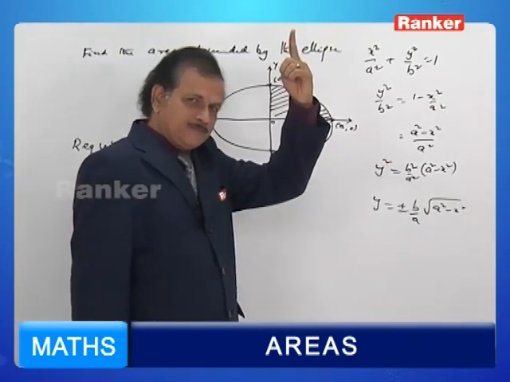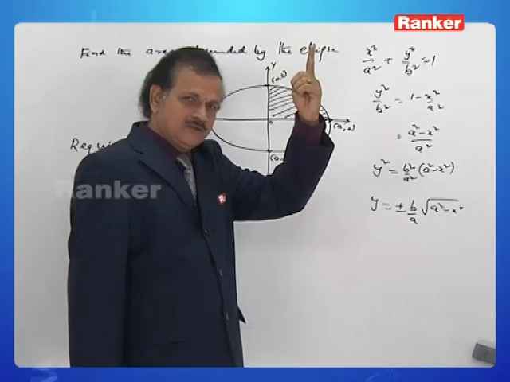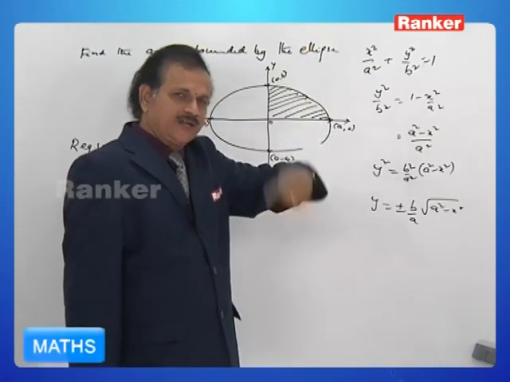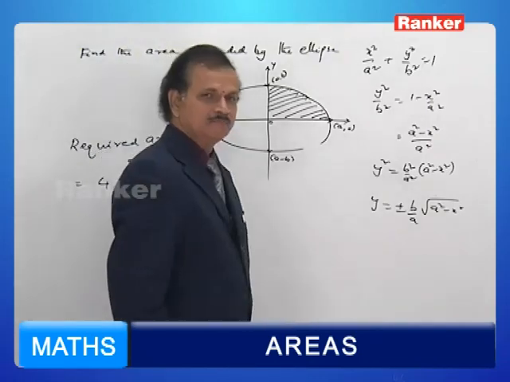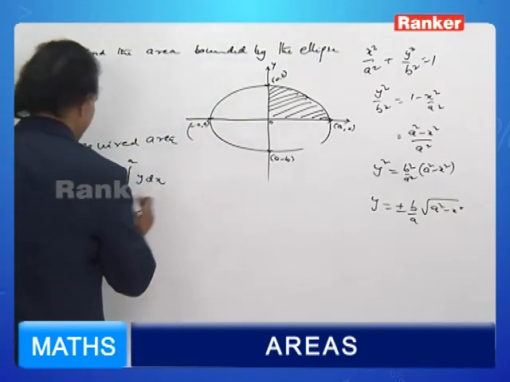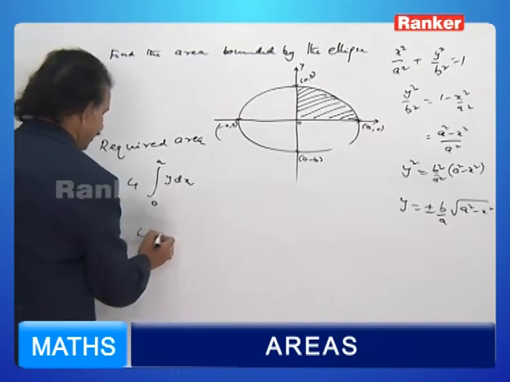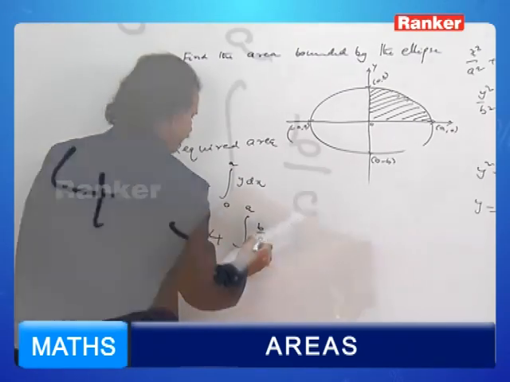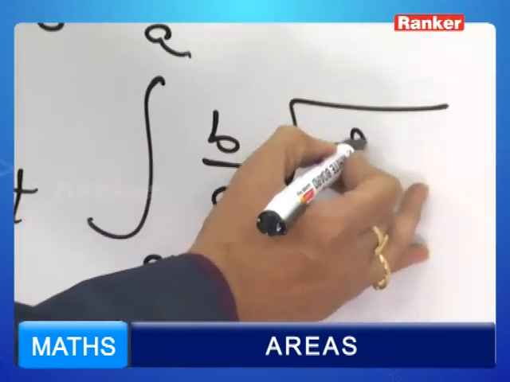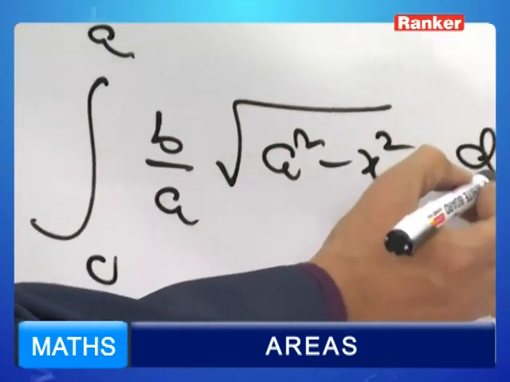In the very definition, in the beginning itself, we have taken the area as integral a to b of mod f of x dx. So the area is 4 into integral 0 to a of b by a into root of a square minus x square dx.